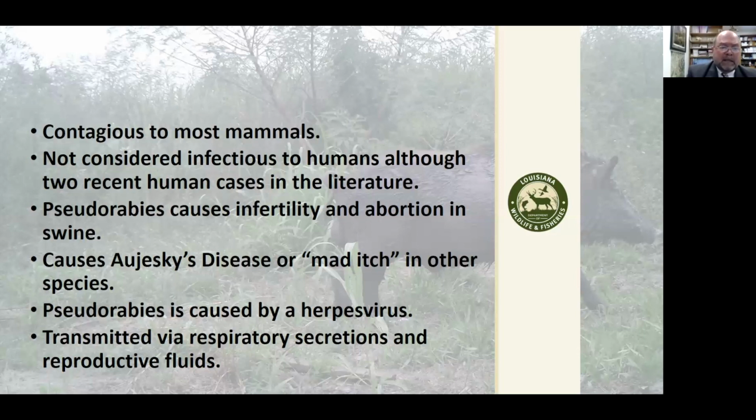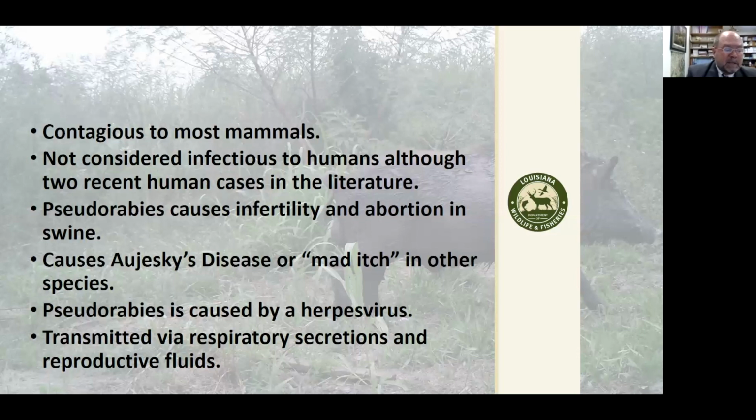And that's a case where we have more sensitive tests that can find diseases where older tests wouldn't. And so we've probably had a few cases around for years and didn't know it till we got some of these newer test methodologies. But in pigs, it causes infertility and abortion, weak litters.